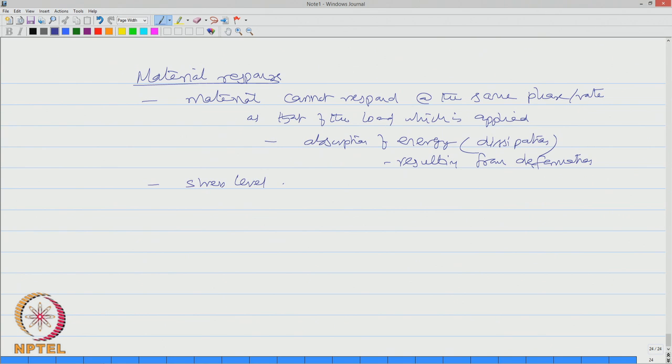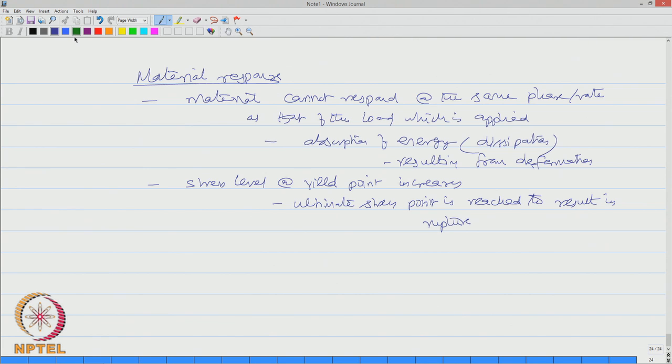So, result of which stress level at the yield point increases and ultimate stress point is reached to result in rupture.